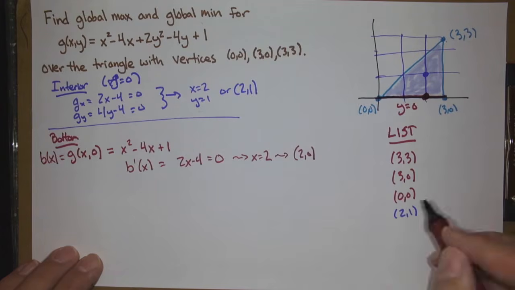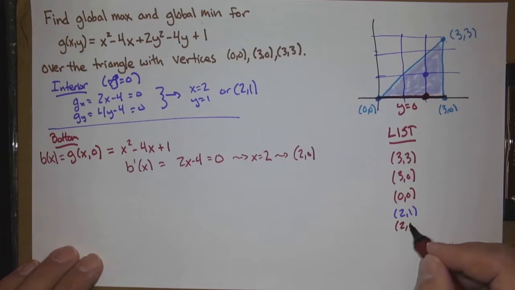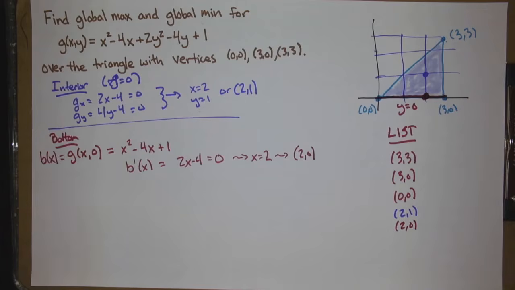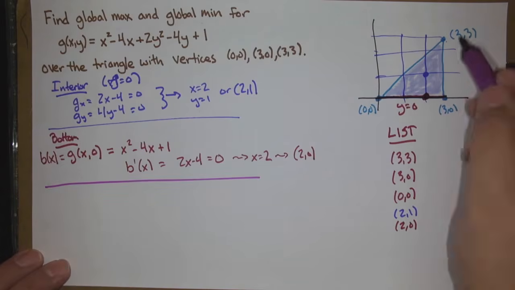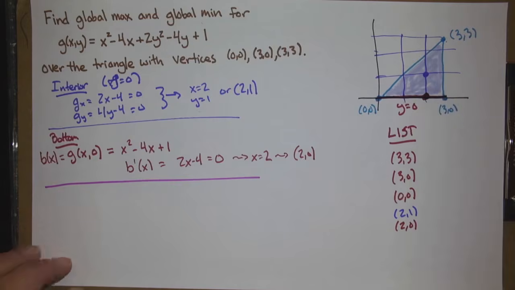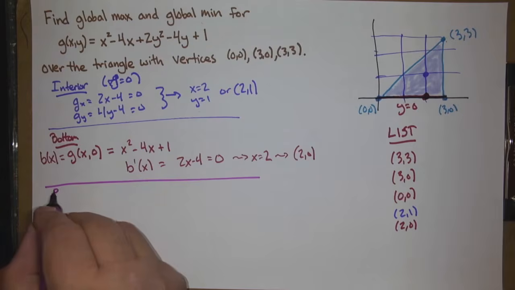It's on our boundary. So 2 comma 0 makes our list. All right. Well, 2 more edges to go. The right and the other.